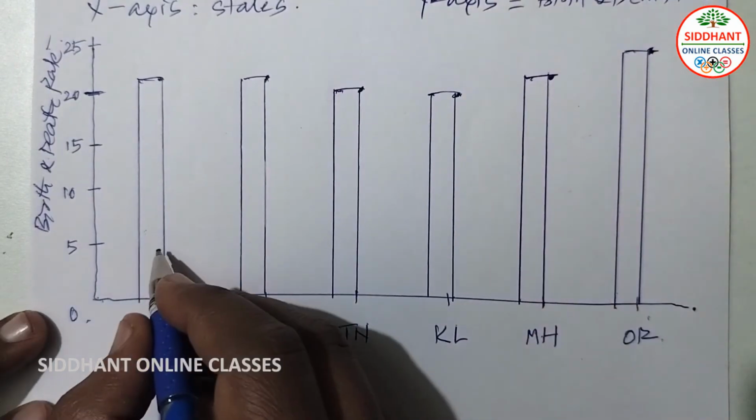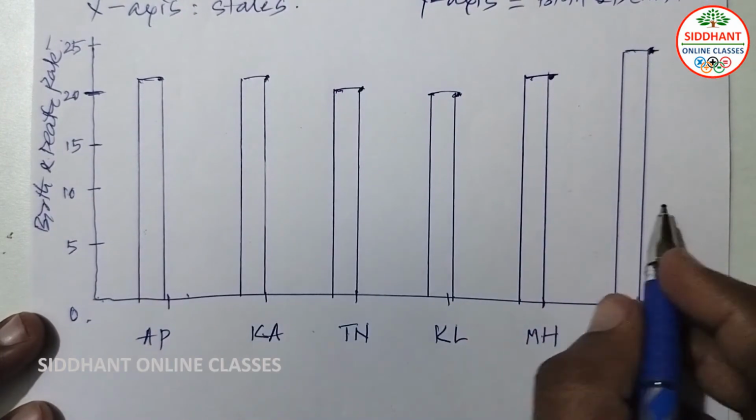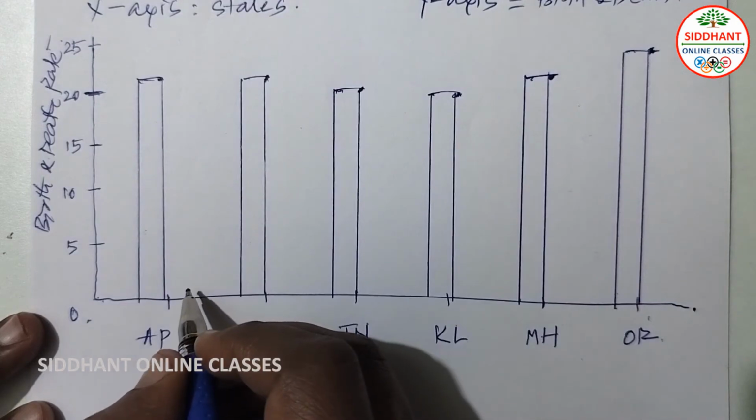So in this way we are going to keep the bars here. Next we are going to see the death rate.